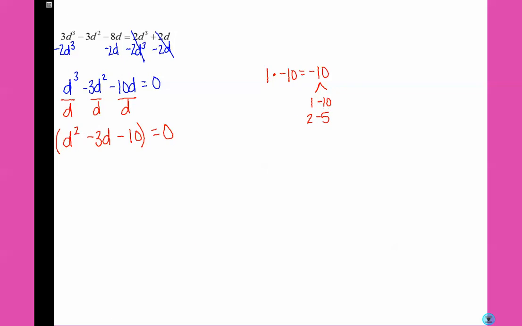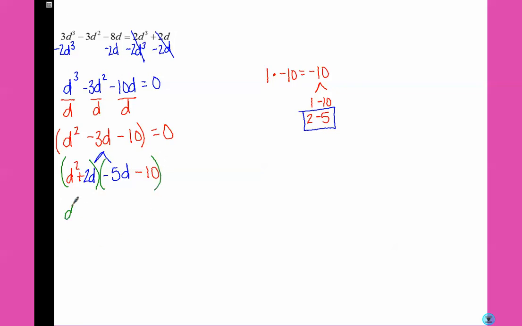So which pair adds up to negative 3? That's this pair. So I'm going to split negative 3d into 2d minus 5d and bring down my other terms, d squared and minus 10. So now let's group. Group the first two, group the second two.